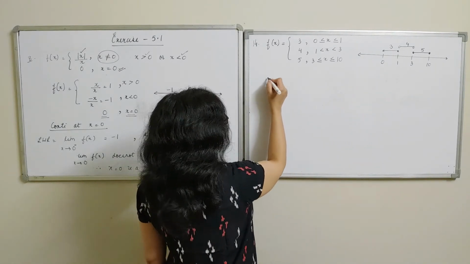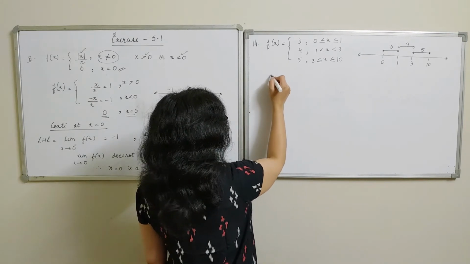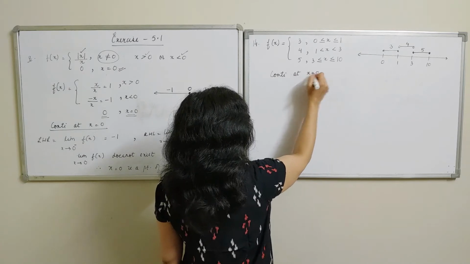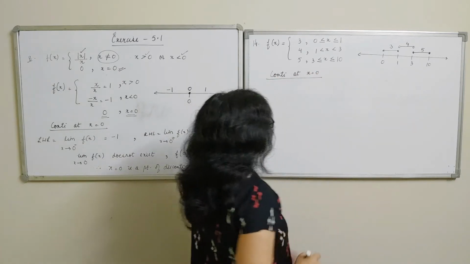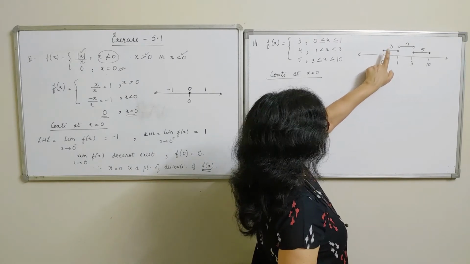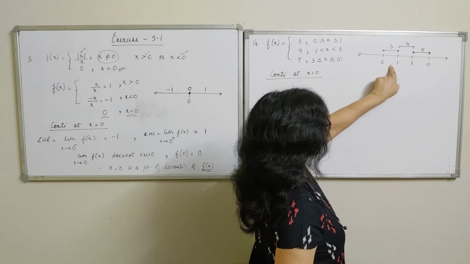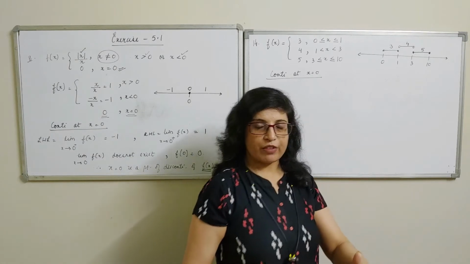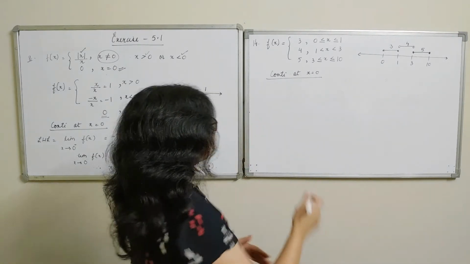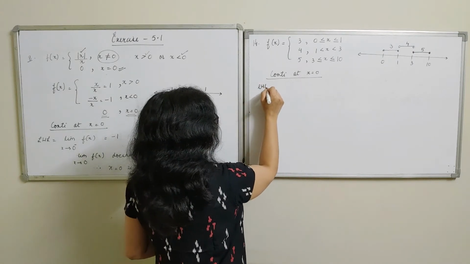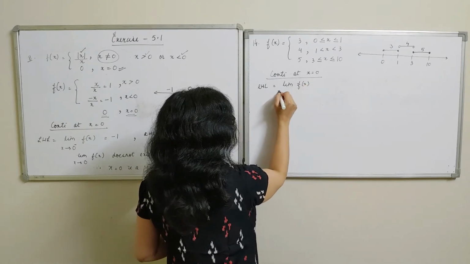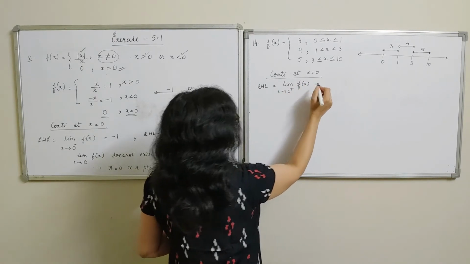So let's start here with continuity at x equal to 0. See here the function is defined at the point 0. It is defined at all points greater than 0. So that means we are going to find out only the RHL. The LHL in this case cannot be found. So we'll straight away find the RHL of the function, the limit of f(x) when x tends to 0 plus.